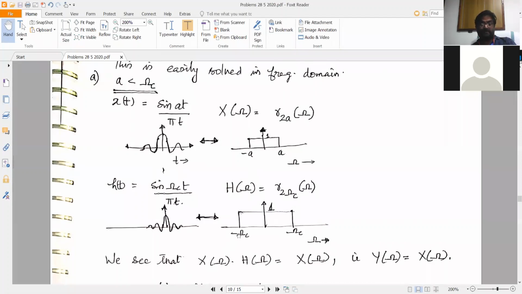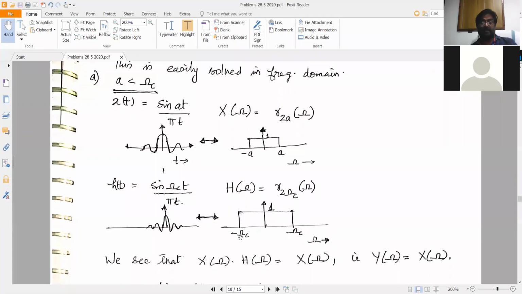The frequency response of the system is from minus omega c to plus omega c. What does it mean? This ideal low pass filter passes all frequencies from 0 to omega c, or minus omega c to omega c. So minus a is between minus omega c and 0, and a is between 0 and omega c.